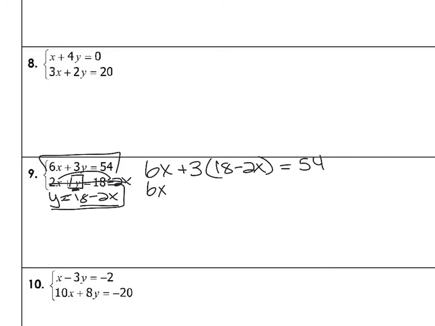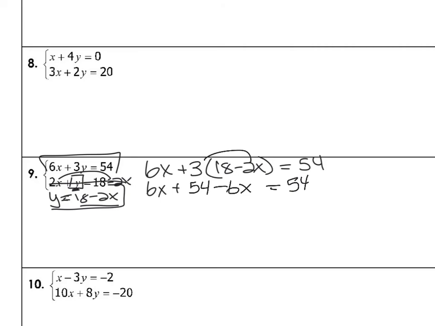So 6x, 3 times 18 is... 46? Oh, no, it's 54. And then minus 6x equals 54.